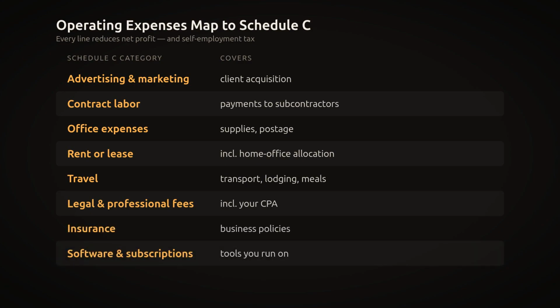Software and subscriptions. Vehicle expenses, mileage or actual cost method. Each of these is a deduction line on Schedule C that reduces your net profit and therefore your self-employment tax. An expense that isn't recorded in your P&L is a deduction that doesn't exist on your tax return. The P&L is the tax return before the CPA formats it.